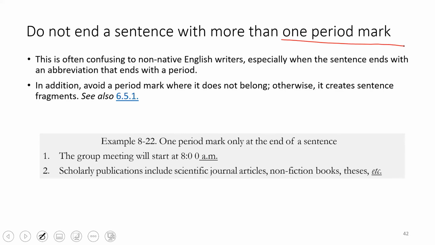For example, if your sentence ends with etc., etc. itself must carry a period. Then if you put another period here, you will have two periods. That is a mistake. Similarly, here, if you have AM already, you do not want to have another period mark there. It creates a problem because a lot of abbreviations come with a period mark already.